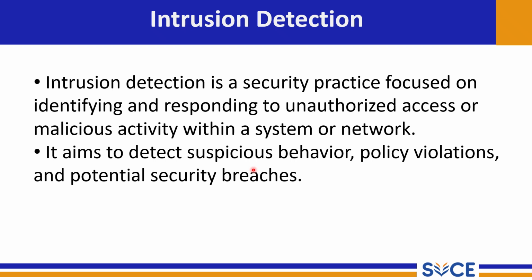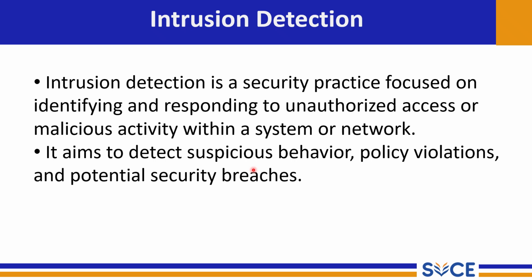And what is the core function? Why are we going for this kind of intrusion detection? The first one is monitoring. The intrusion detection system constantly monitors the network traffic or system activities for suspicious behavior.